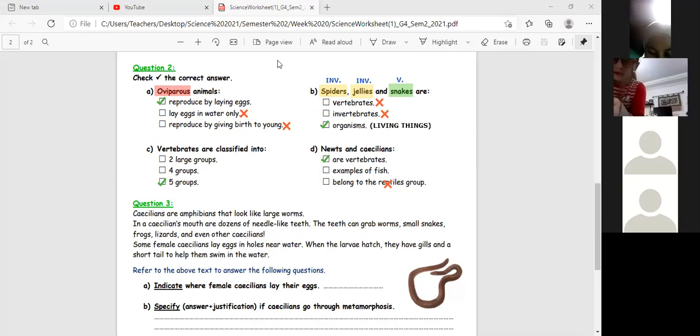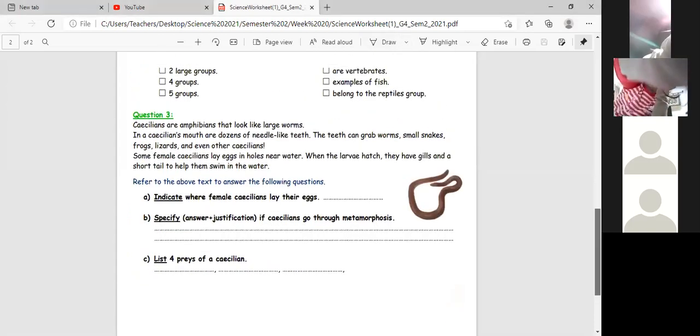So they are vertebrates, and to be more specific, they are amphibians. Newts and Sicilians are amphibians. Since there is no amphibians choice in here, they are not fish, they are not reptiles. So you should use the word vertebrates.